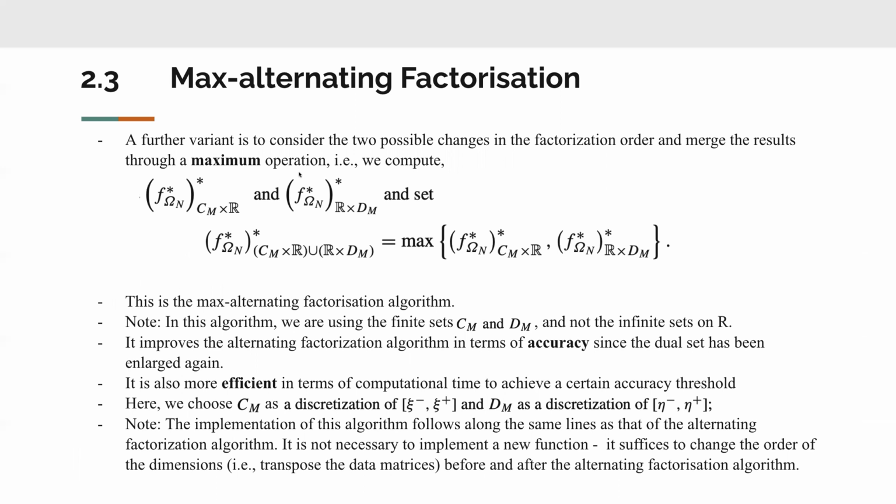In order to find the max alternating factorization, we are going to take the max of these two. So that's what we have for this algorithm. And here you can see we are using CM times R and R times DM. But as we all know, R is an infinite set. So in this algorithm, we are actually using finite sets CM and DM and not the infinite set R.